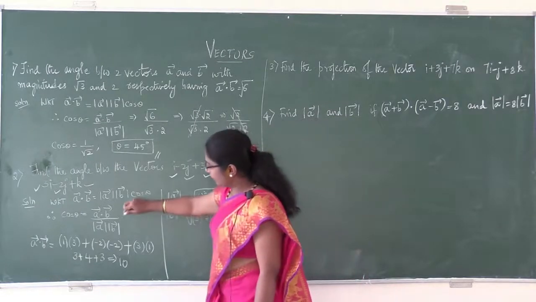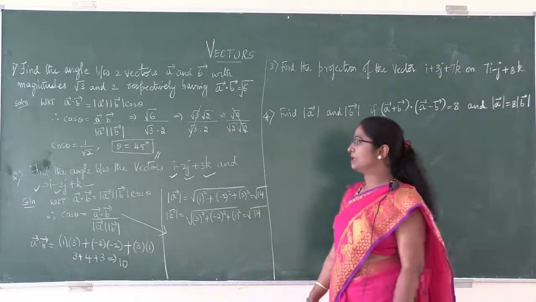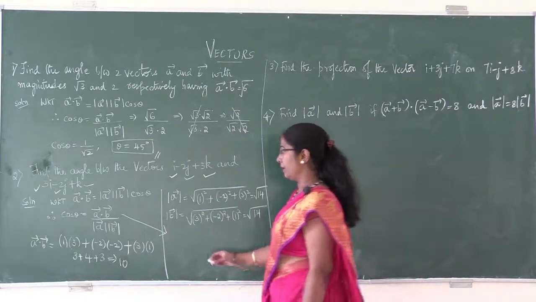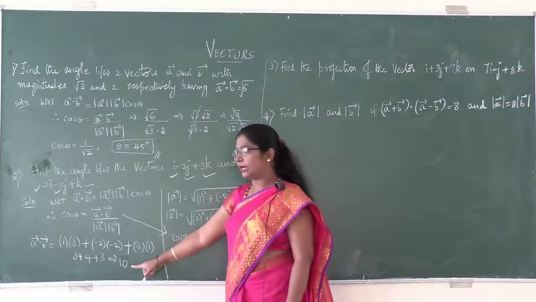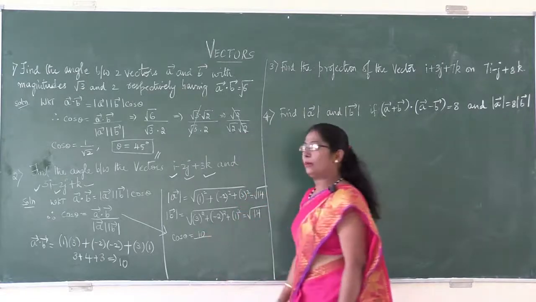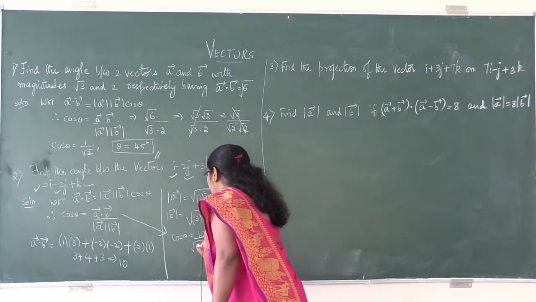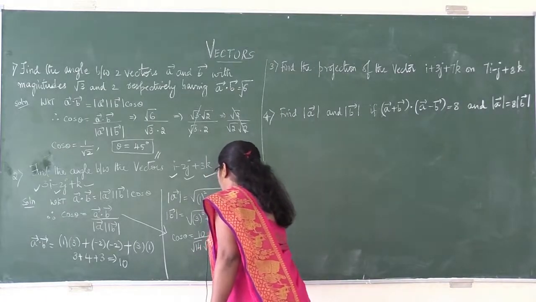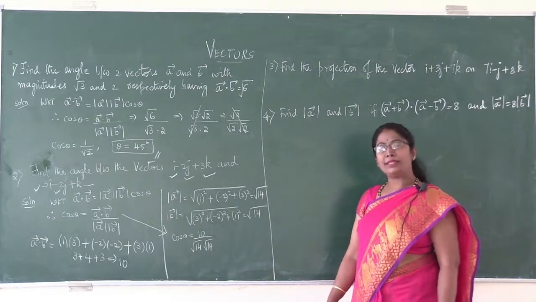So, what will be cos theta now? We are supposed to find cos theta. Cos theta is given by A dot B divided by the magnitudes. What is A dot B? A dot B is nothing but 10, divided by the magnitude of vector A, root 14, into root 14. Root 14 into root 14 can be written as root 14 whole square.